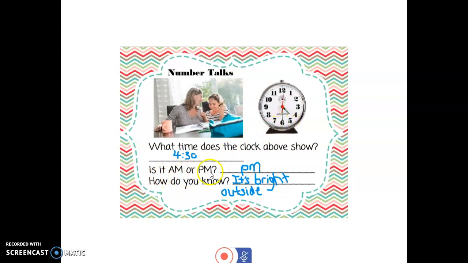Is it AM or PM? It's 4:30 PM. How do you know? Because it's bright outside. Look at this picture. That's why I included the picture so you can see. At 4:30 AM, it's still dark outside. So if you had the same answers that I did, good job.